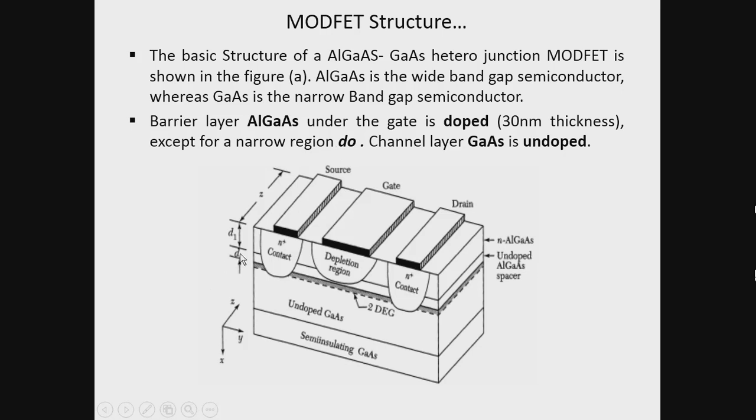Here this D0 is the thickness of the spacer. We will come across what is spacer. This is the n-type aluminum gallium arsenide material, that is the barrier layer, and the undoped gallium arsenide material or layer is called channel layer, and that is made up of intrinsic semiconductor having no doping. It is an undoped gallium arsenide material.